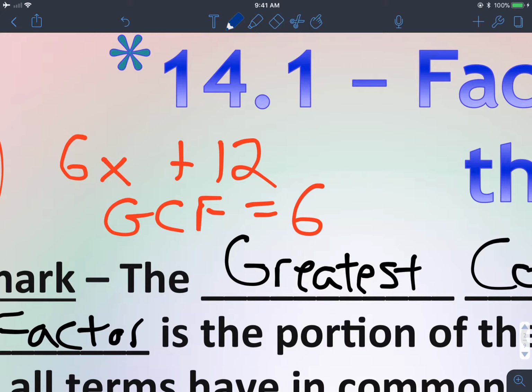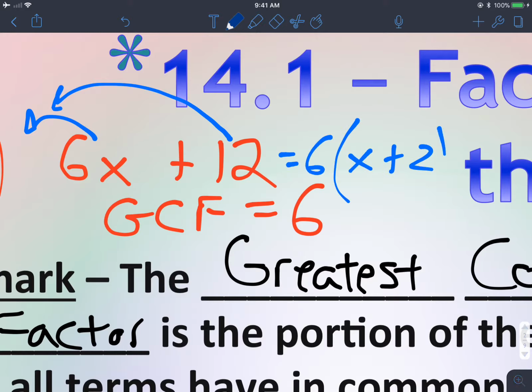Factoring is the opposite of that. So now we're going to take that 6 and pull it out to the front and write 6 times x plus 2. So that's what we mean by factoring out. Pull out that thing they have in common.